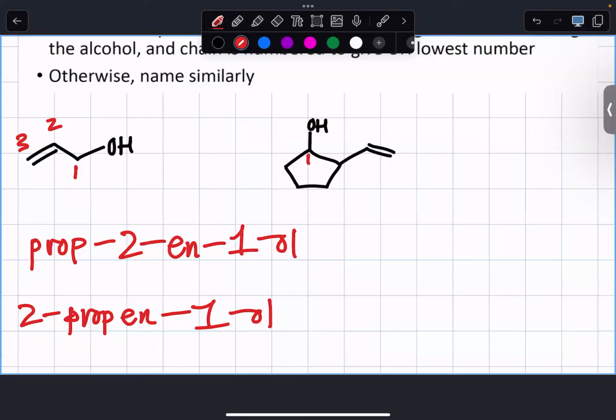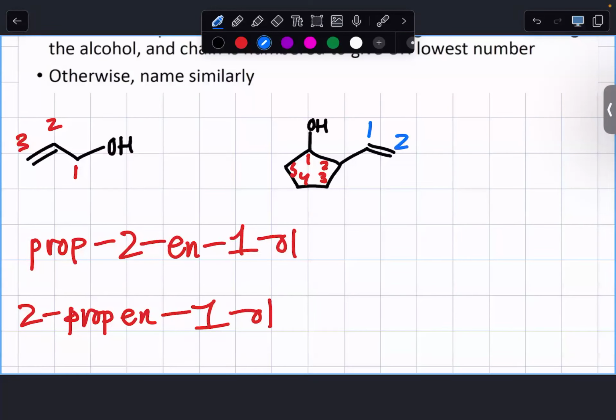And for this case, this is 1, 2, 3, 4, 5. What do you guys think is going to be the name of this substituent on carbon 2 here? First, how many carbons is it? How many carbons long? Two carbons long, right?